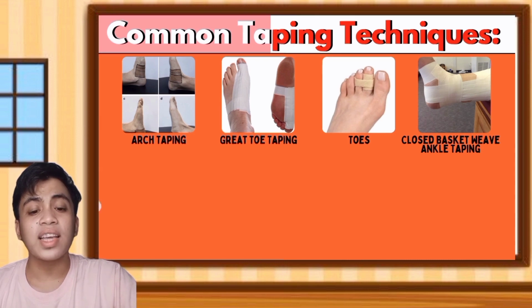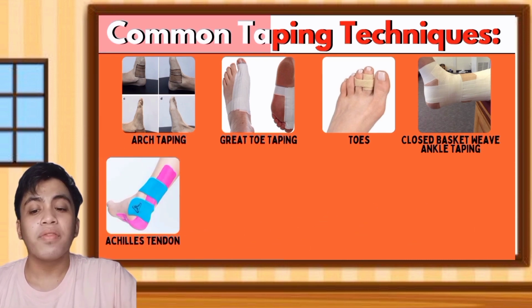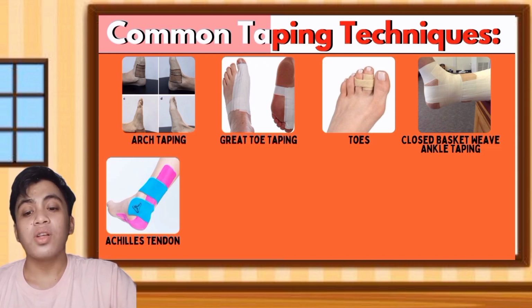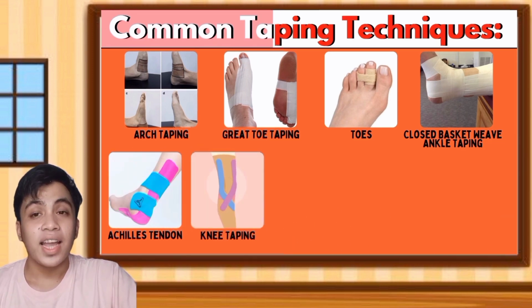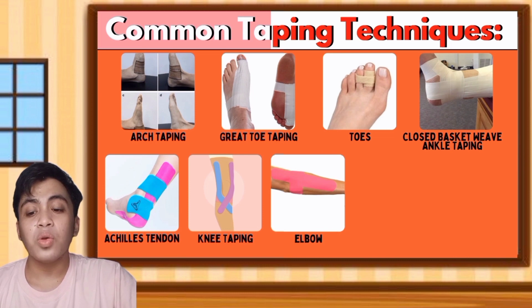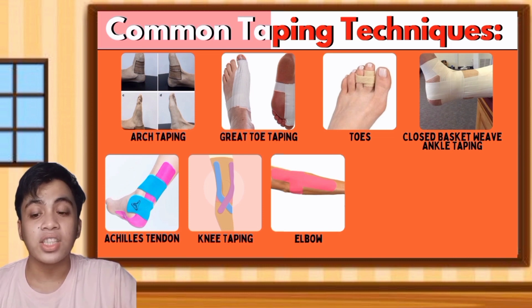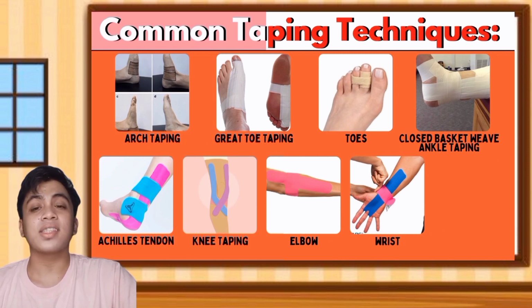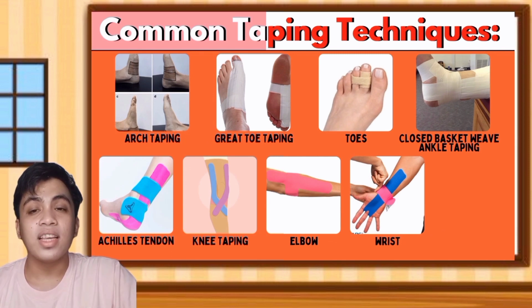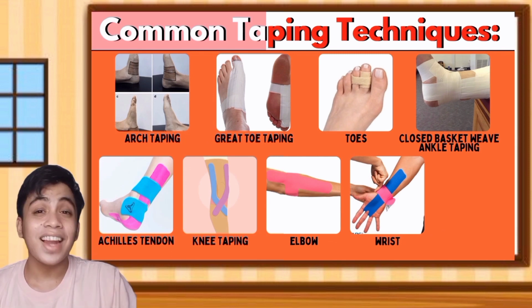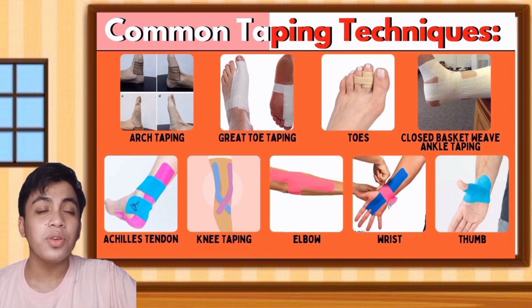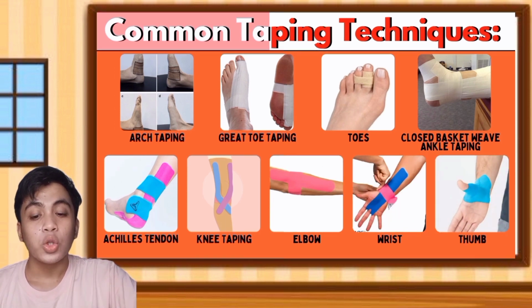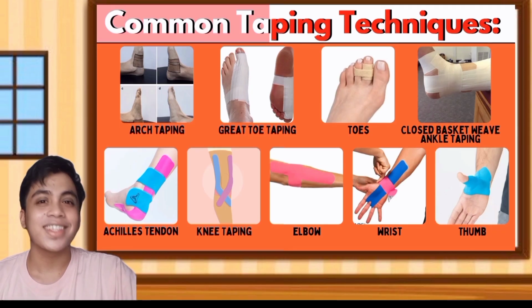There's also the Achilles tendon taping that prevents Achilles from overstretching. Then there's also knee taping and elbow taping that can be used to prevent hyperextension. Then the next one is wrist that protects and stabilizes a badly injured wrist. Then the last one is thumb that can be used to provide support to any joints.